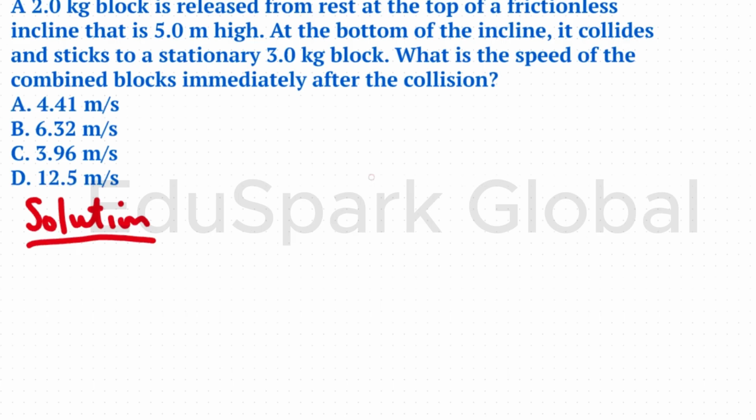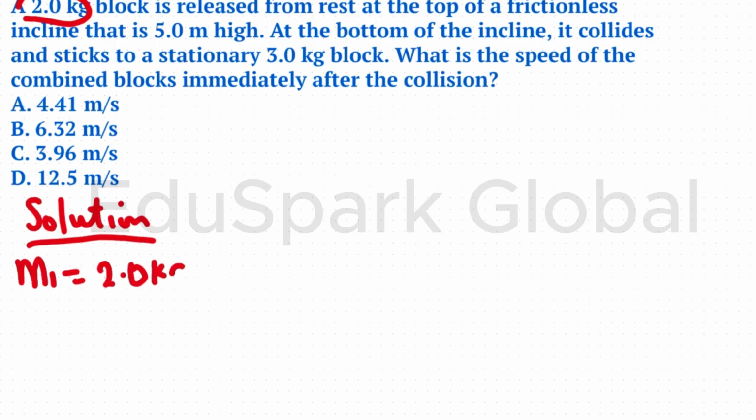To solve this question, we are going to write out the parameters given. The question says a 2.0 kilogram block is released from rest at the top of a frictionless incline, meaning that the initial mass before collision was 2.0. So let our initial mass, which is m1, equal 2.0 kilogram.